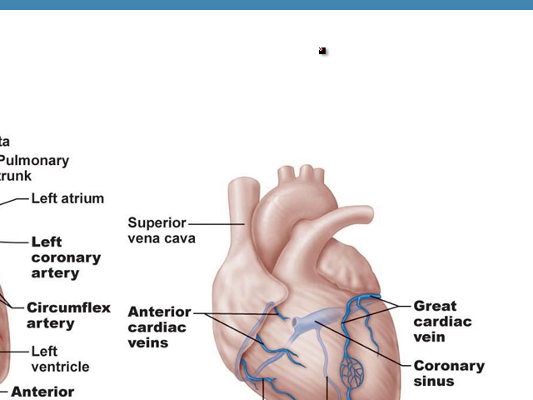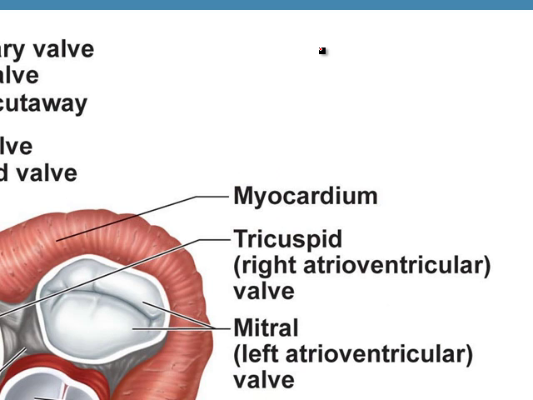They can't get rid of their wastes and they can't get the nutrients they need. Can that be life-threatening? Yes, it can. And coronary artery disease is high up there on the death toll for people in the United States. More people die from coronary artery disease or cardiovascular issues than they do of cancer.